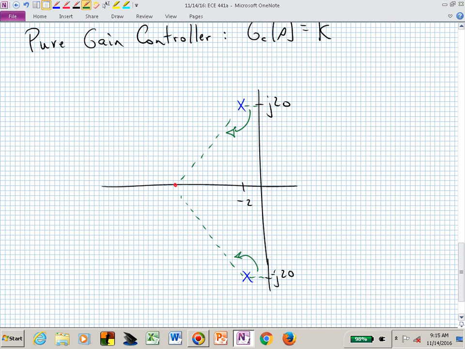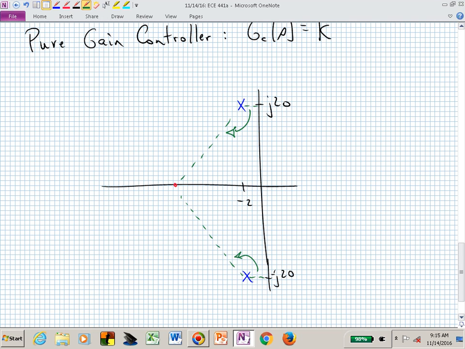I sum those up. I don't have any zeros, so I don't have an angle due to the zeros, and I take minus the top angle, minus 120, plus the bottom angle, 120. I have 0 degrees. Is that equal to what it needs to be on the root locus? No, it needs to be minus 180 degrees, and it's at 0 degrees.